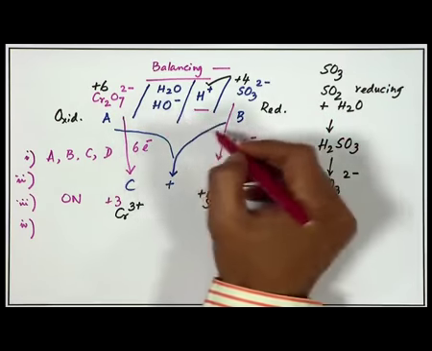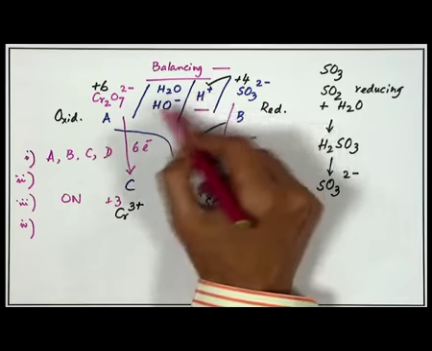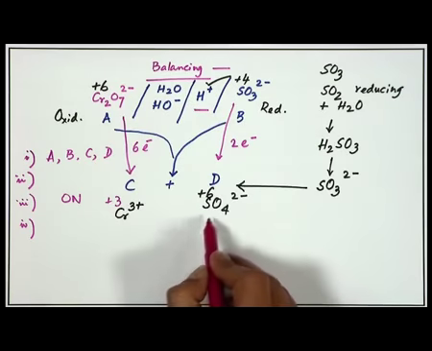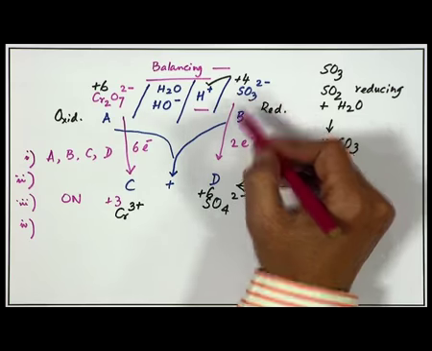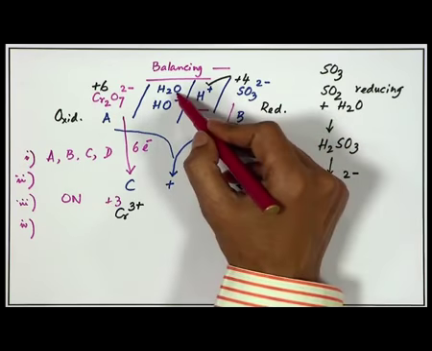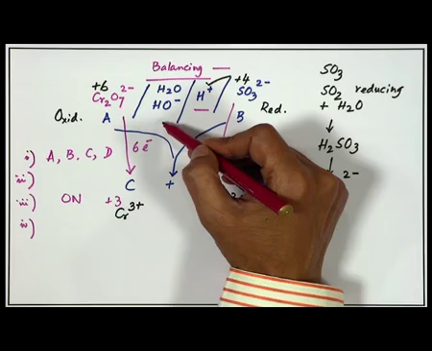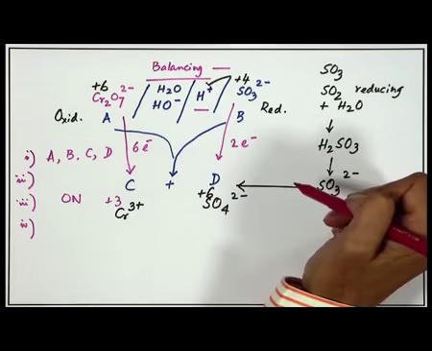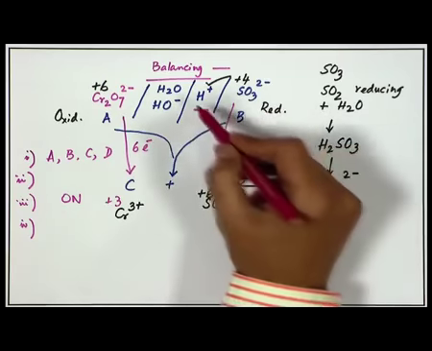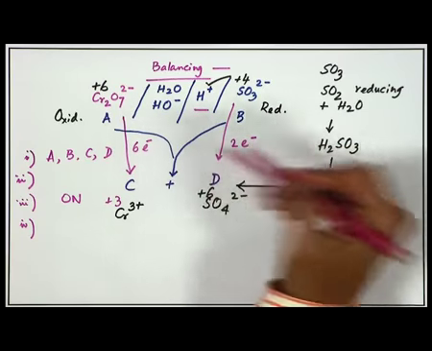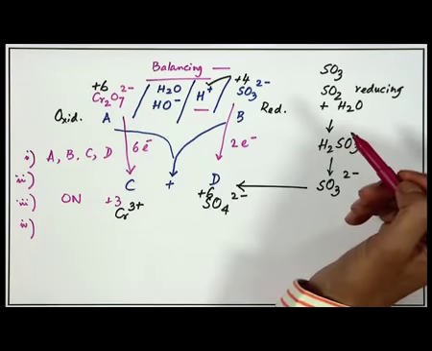The elimination of O minus or addition of O to this sulfur center will either consume water molecules or produce water molecules. So, addition of water molecules will also be there, and balancing the hydrogen atoms from the left hand side to the right hand side will give rise to this particular reaction.